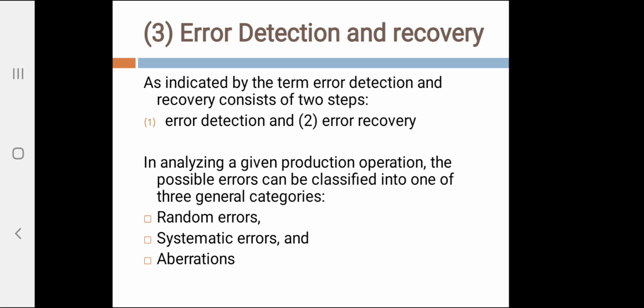These errors occur when the process is in statistical control. Large variation in part dimensions, even when the production process is in statistical control, can cause problems in downstream operations.